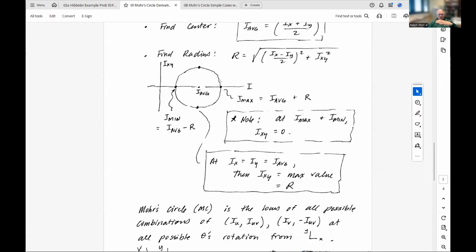And as you walk around this circle, you've got combinations of IU and IUV, the product of inertia, and they're all going to fall on the circle somewhere. And so the circle is the locus of all combinations of those guys as you walk around the circle. So in other words, your IX is somewhere on the circle, your IY is somewhere on the circle, your Imax and Imin are somewhere on the circle.